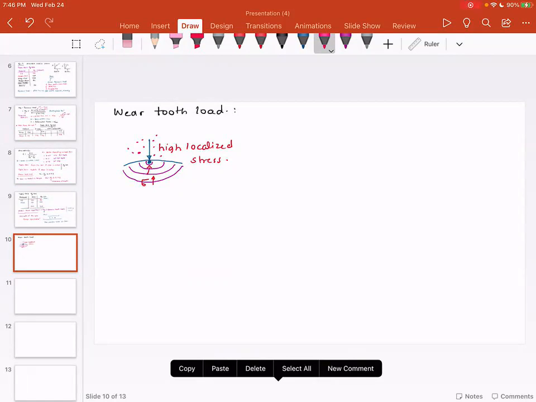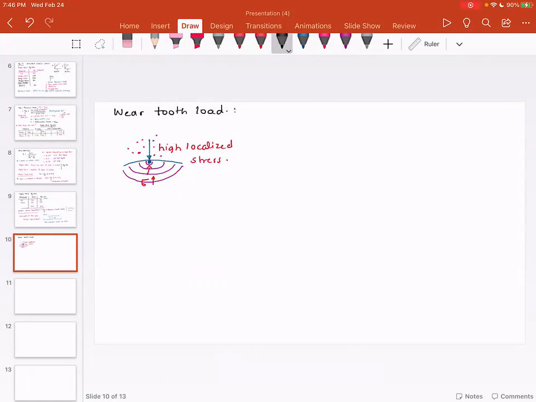And the reason for that is these small material elements separate out from the surface. So we want to make sure that our gear profile is safe under this high stress loading. And for that, what we calculate is something called WW.